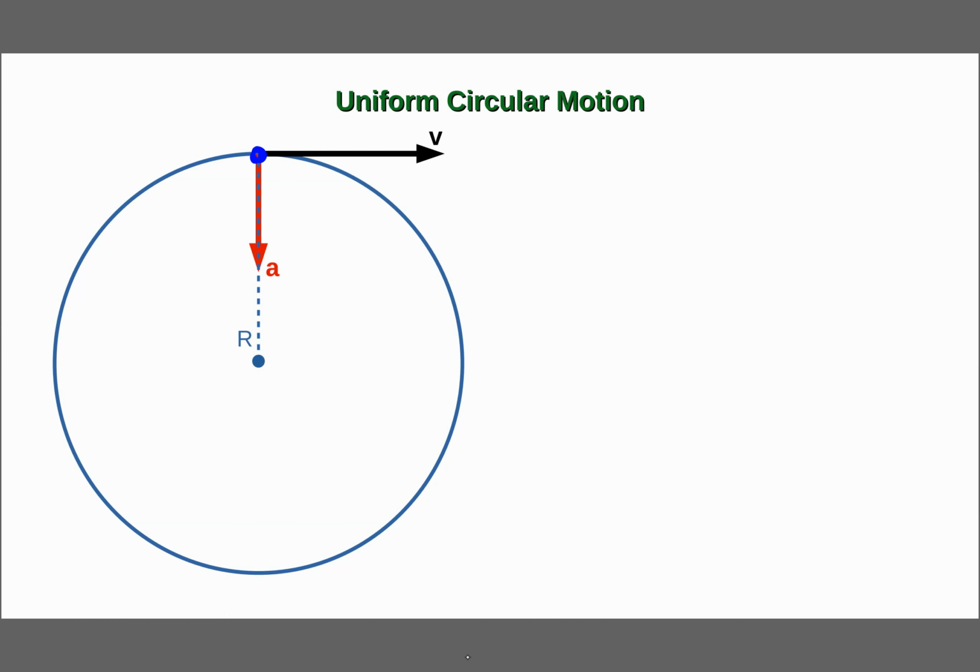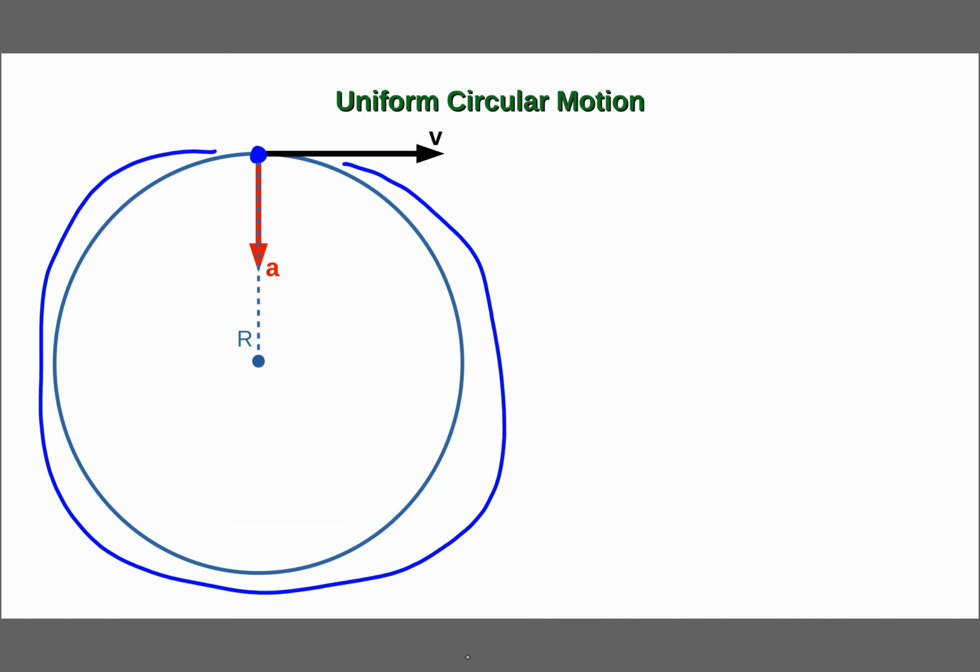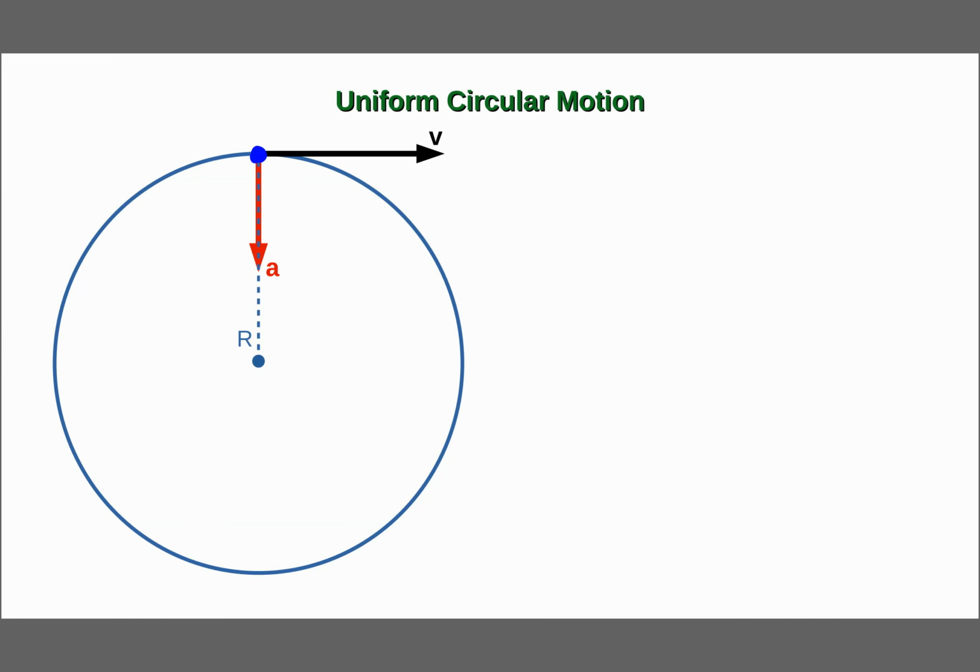So if we have a particle right here, the particle is going to go around the circle like this. Uniform circular motion, our object travels with a constant speed, okay? The velocity, of course, is always changing because its direction is always changing, but the speed is constant.